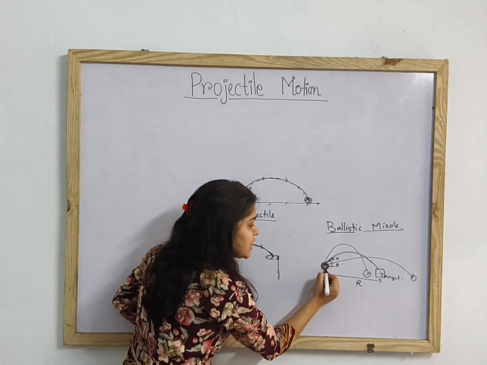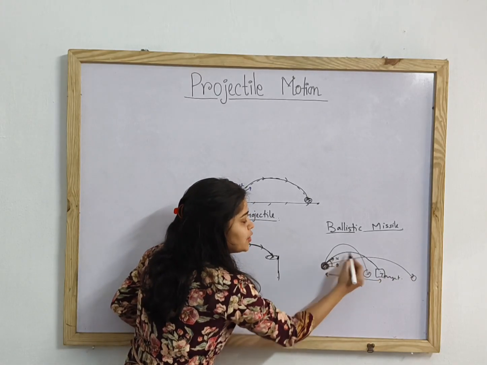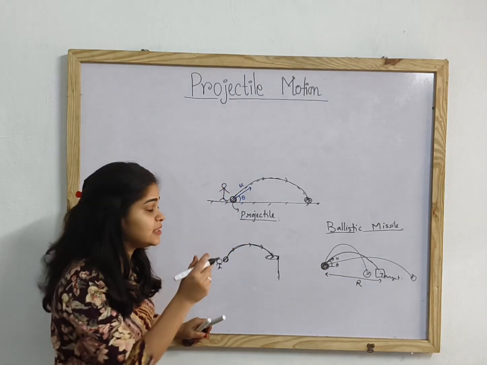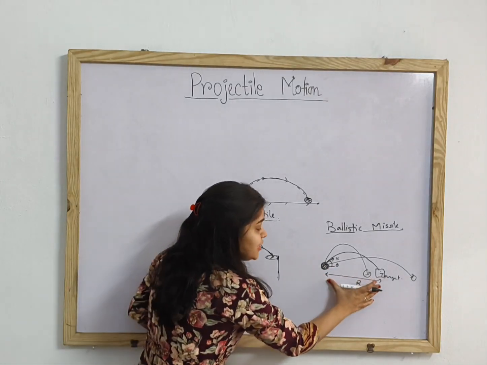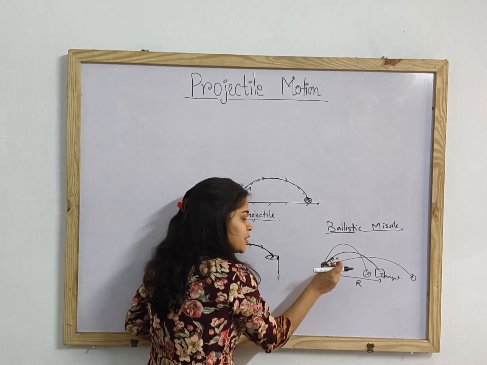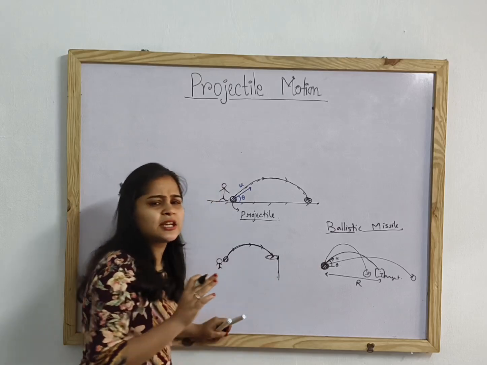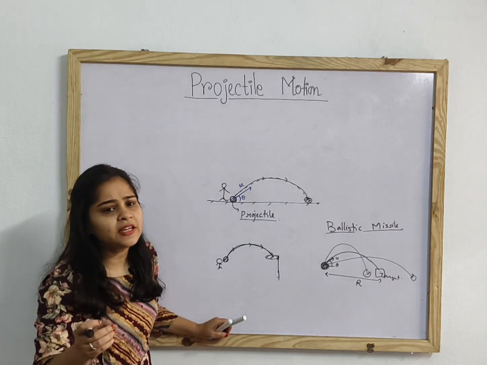Suppose this is the missile and this is the target; to hit it, you have to know the total time taken by the missile, the range, that is, the distance between the throwing point and the target, and the particular height. These things should be clear before throwing.